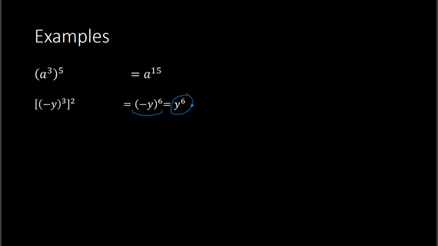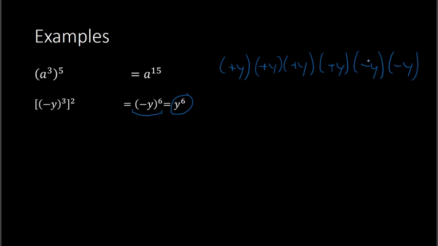And the reason negative y to the sixth power is equal to y to the sixth power is because negative y to the sixth power means you take negative y times negative y times negative y, do that 6 times. That's 4, 5, put another one in the front, 6. So when you multiply all these negatives together, you have negative times negative, which is positive. 2 more negatives make a positive, 2 more negatives make a positive.